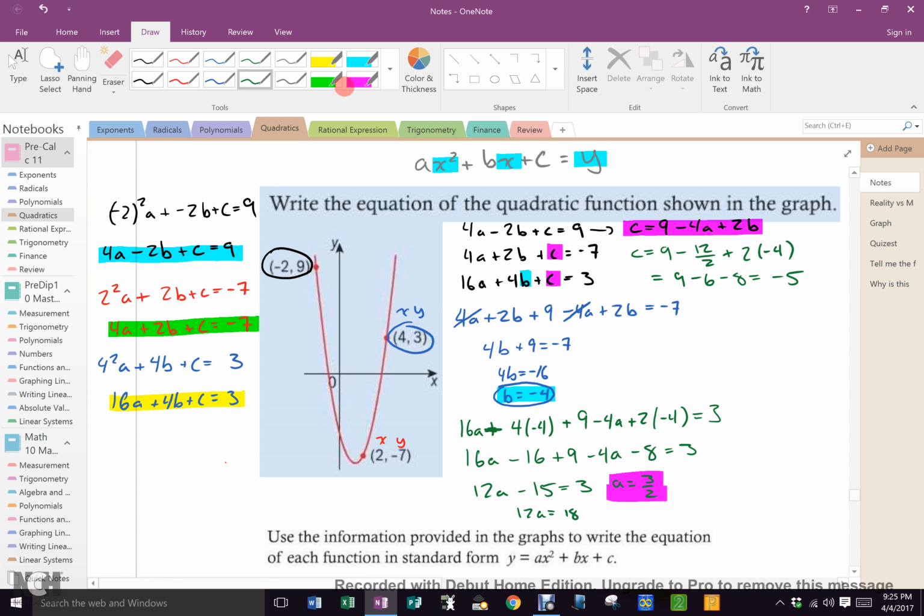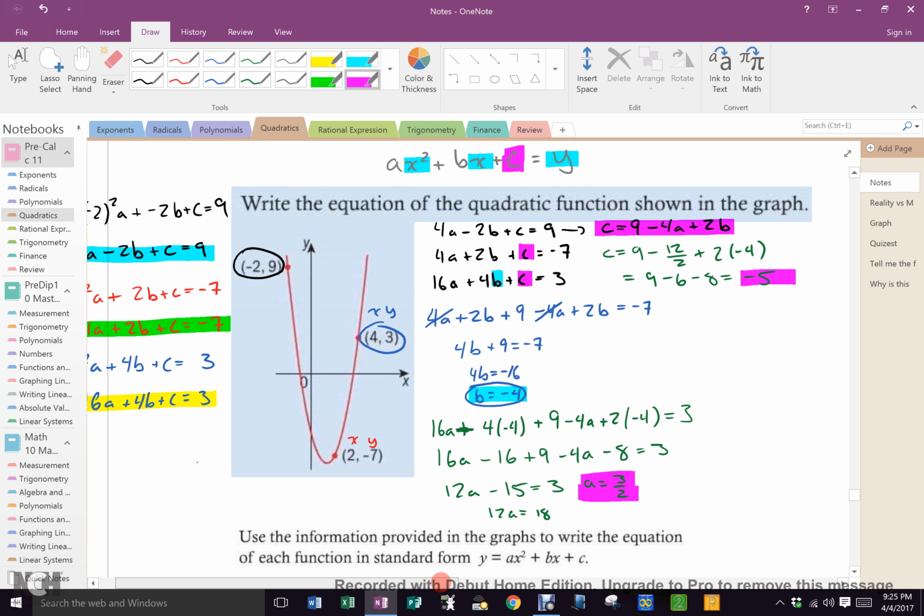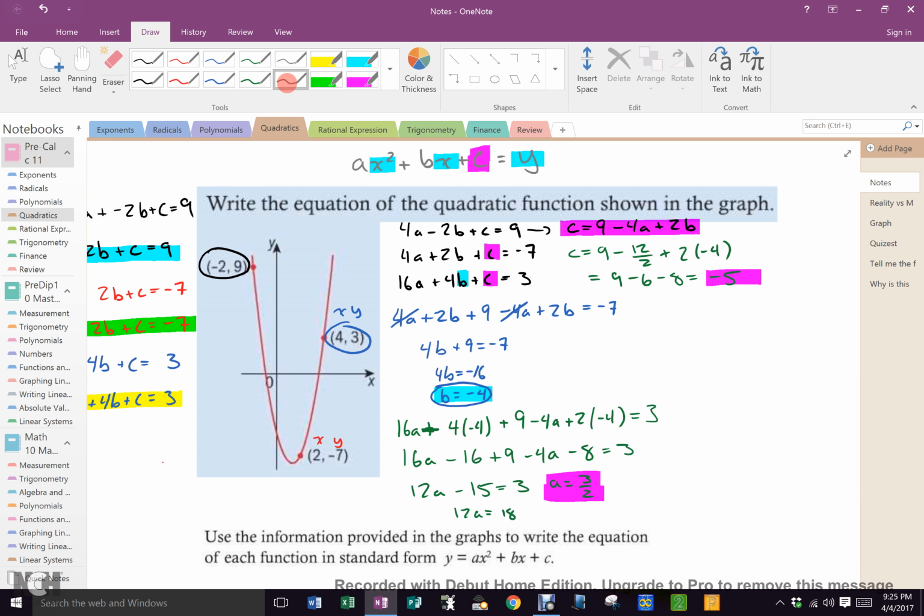So now I have C, C, B, B, and A. So all I got to do is rewrite the equation. A is 3 halves, so y equals 3 halves x squared plus b is negative 4. So it's plus negative 4. So I'm going to do minus 4x. And c is negative 5, minus 5. And there we go.